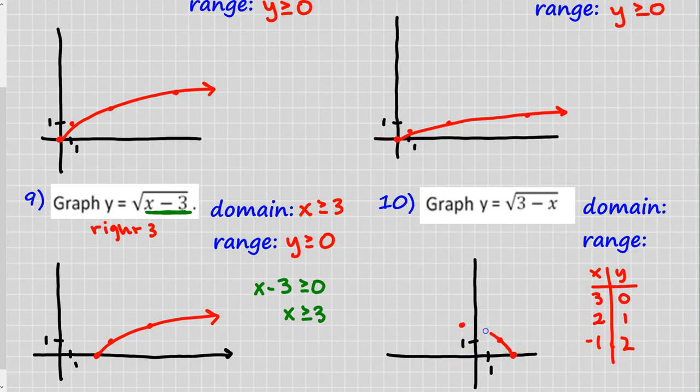The curve is going in the opposite direction. See, I was telling you we would have a horizontal reflection, kind of a y-axis reflection instead of an x-axis reflection. Okay, so for that, the domain is x is less than or equal to 3, and the range is still y is greater than or equal to 0.